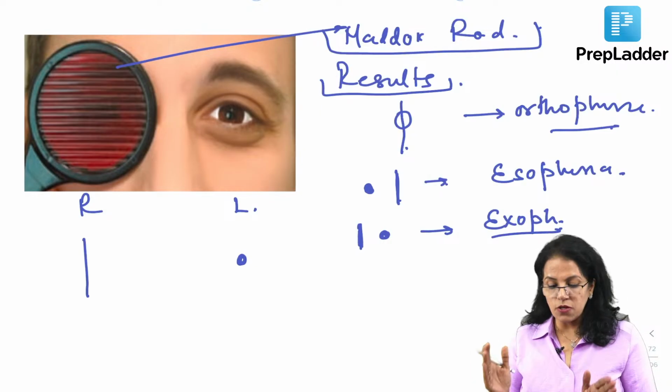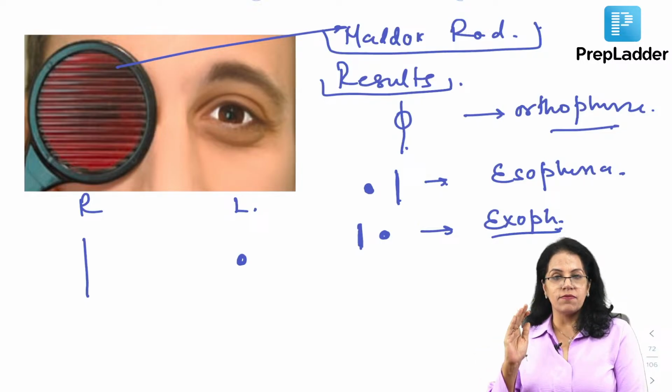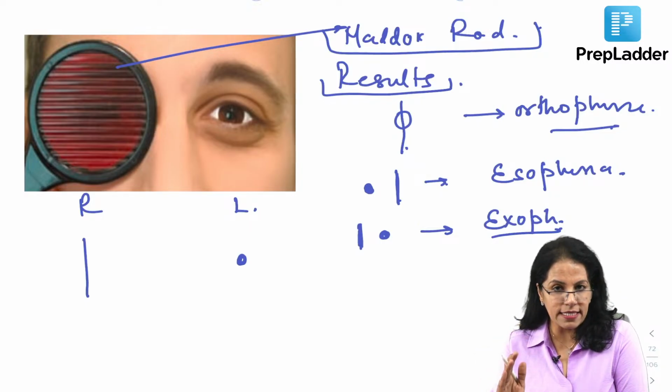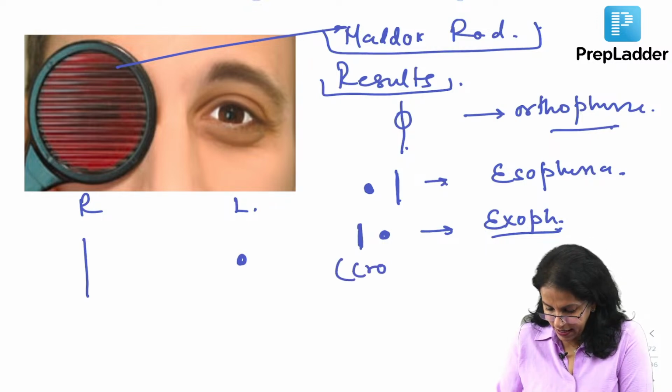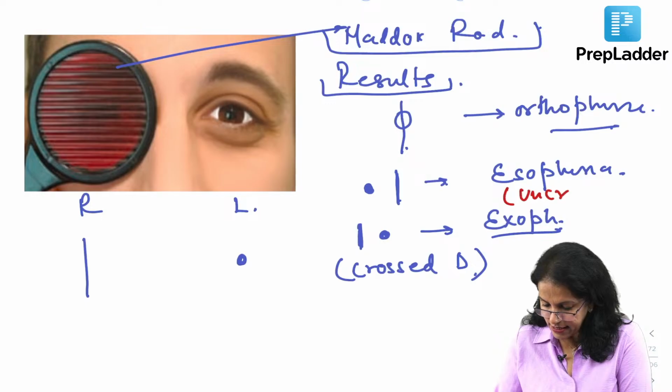Because exo is crossed, when the line is generally formed on the right retina but is seen on the left side of the spot, it's a crossed diplopia, isn't it? So this is a crossed diplopia and this one is uncrossed diplopia. So please revise this. This is asked in the exam.